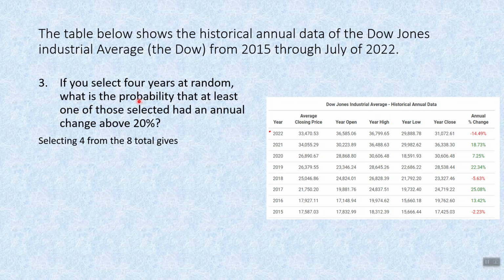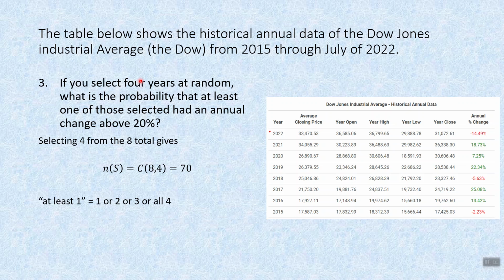If you select 4 years at random, selecting 4 from the 8 total gives N of S is C of 8, 4, which is 70. Always check your calculations, by the way. Hit pause. Make sure I'm right. Make sure you can find that. That's the important thing. I can pull numbers out all day long, but if you don't see how I get them, the video's not very helpful. So don't forget, pause is your best friend.